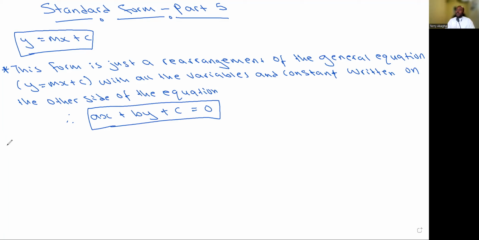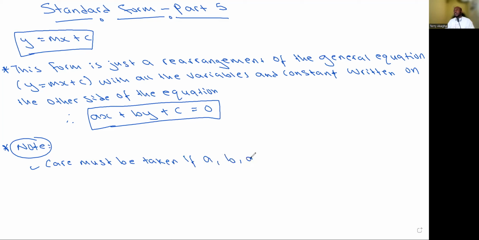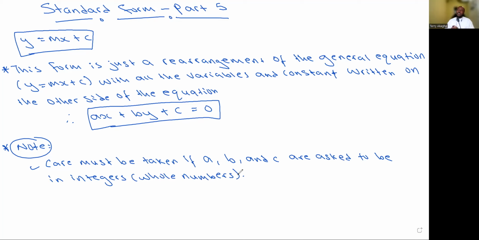And usually you need to take note that in most cases, a, b, and c are asked to be integers, so care must be taken. When we say integers, we mean whole numbers, that means no fractions. So integers are whole numbers with no fractions, all right?